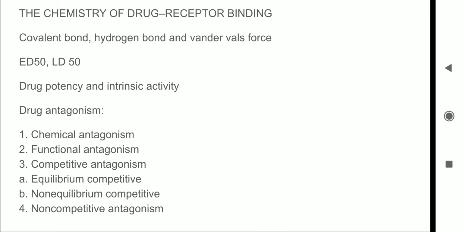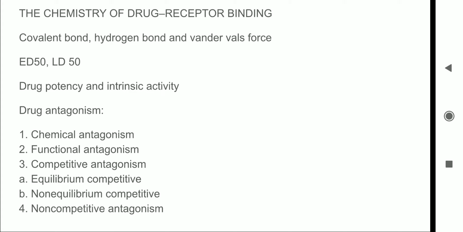So if you have taken 100 rats, and 50 rats have shown effect at 4 mg per kg of phenobarbital, then the ED50 of phenobarbital would be 4 mg per kg.